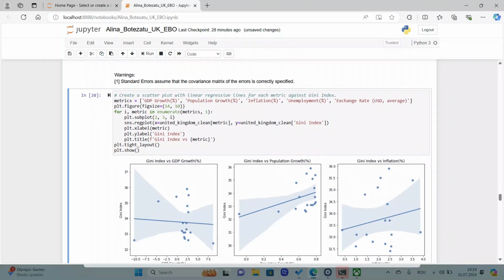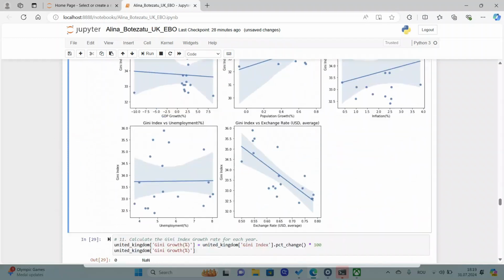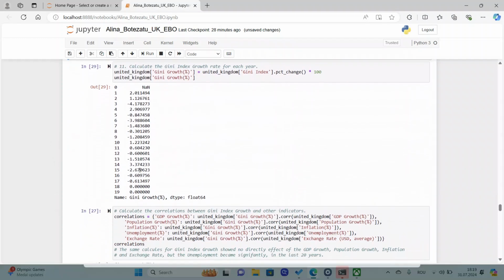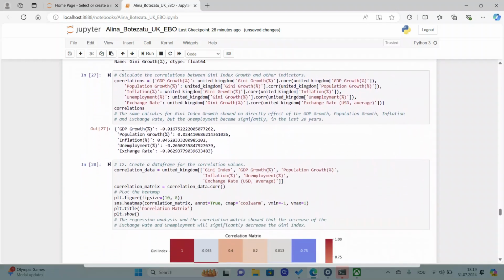And these are the results of the Gini index growth. And I calculated a new correlation between Gini index growth and the other indicators. The same calculation for Gini index growth showed no direct effect of the GDP growth, population growth, inflation, and the exchange rate, but the unemployment became significant in the last 20 years.